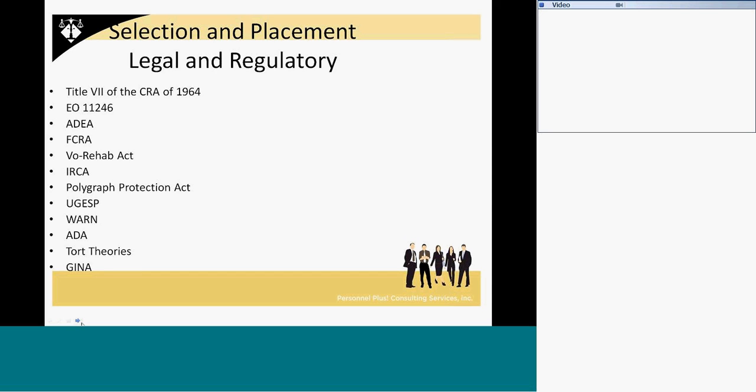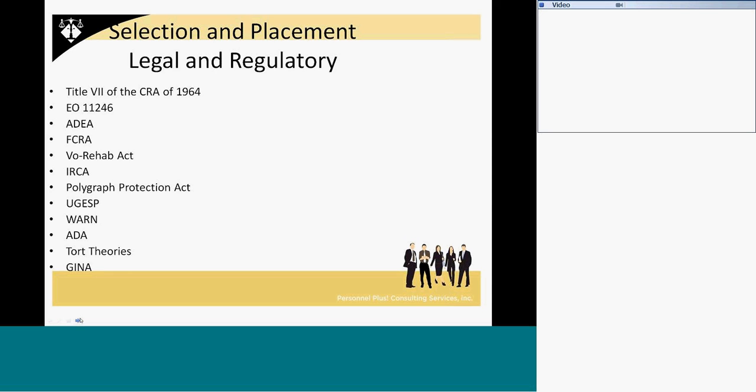So not only upon initial hire, but also when you promote people, or alternatively, when you make employment decisions with regard to retaining people in employment. The rules that we're going to talk about in just the next couple of minutes apply to all of those kinds of decisions.